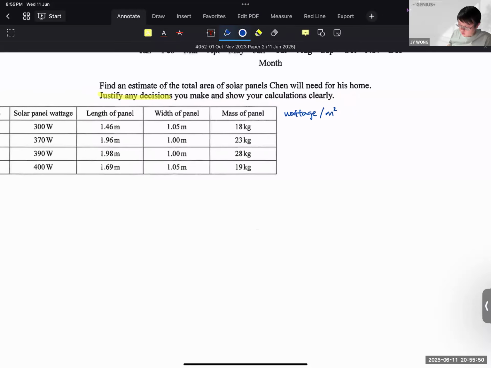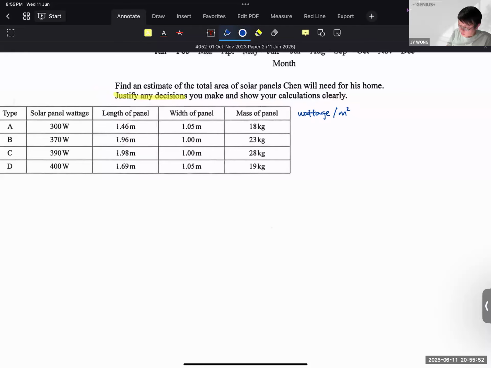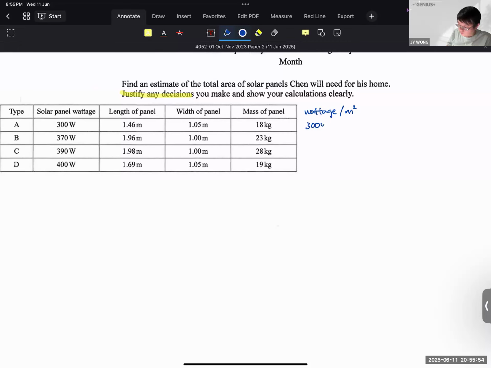So for type A, what is your power per meter square? 300 watts divided by 1.46 meter times 1.05. Actually, I already put the unit on top, so I won't bother.